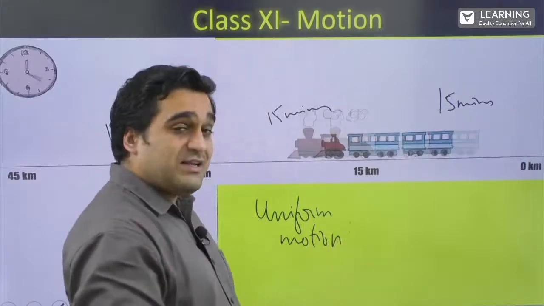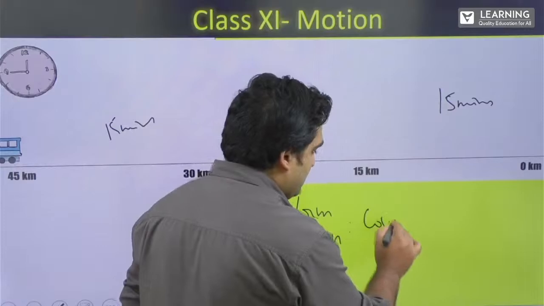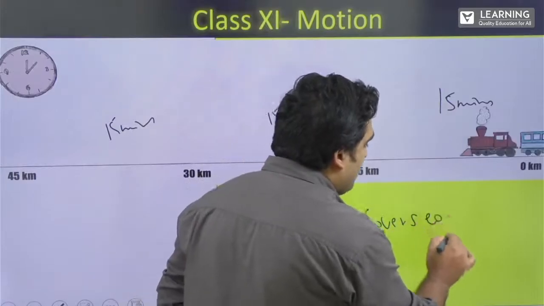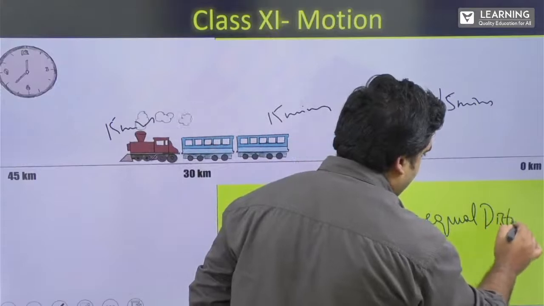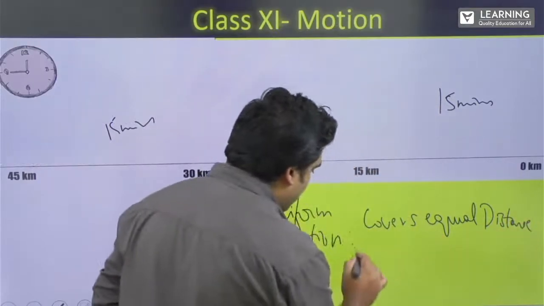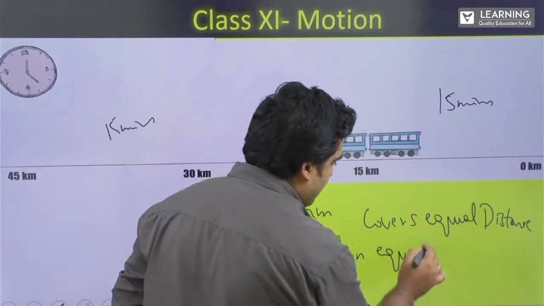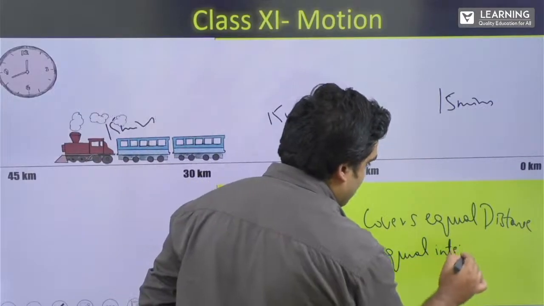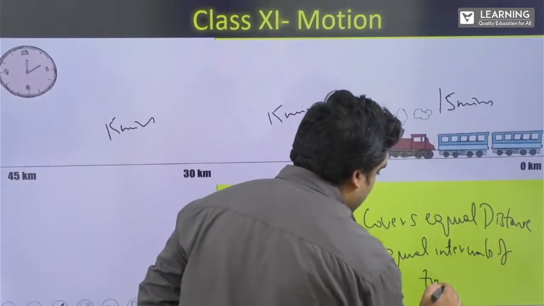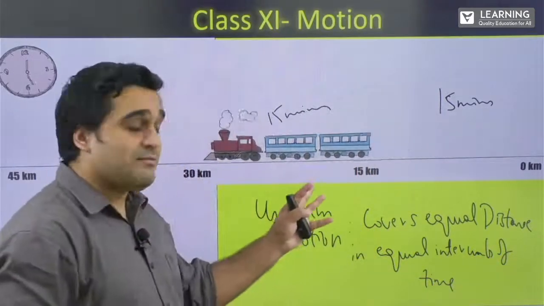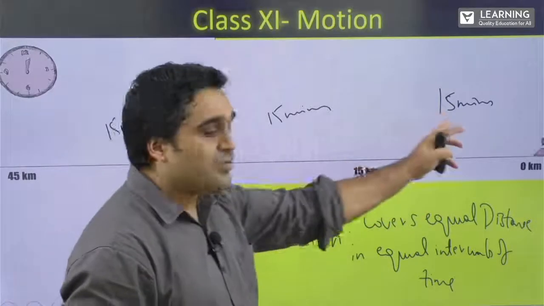Uniform motion is said to be executed if an object covers equal distances in equal intervals of time. And so is the case in this example where a train covers equal distances in equal intervals of time.